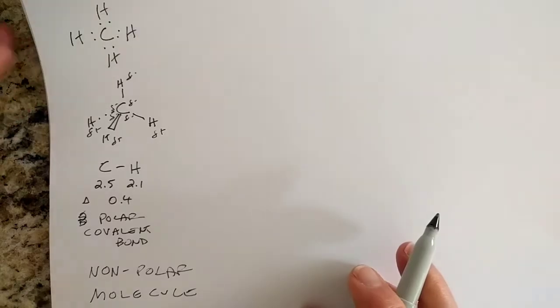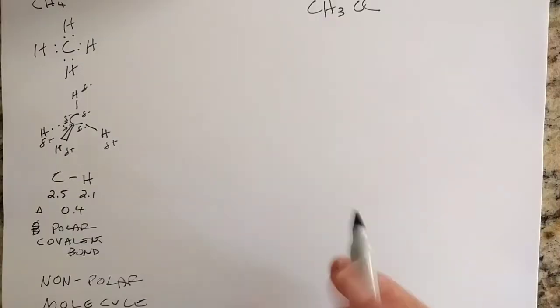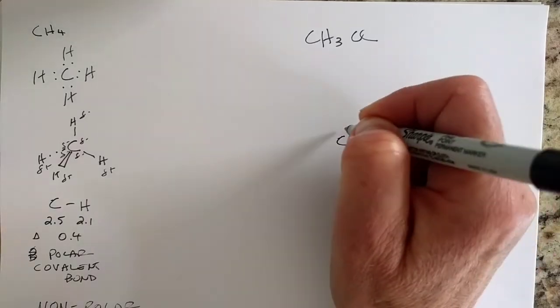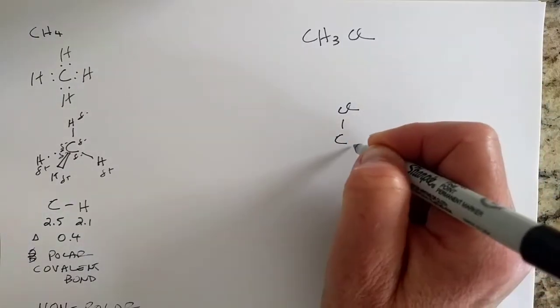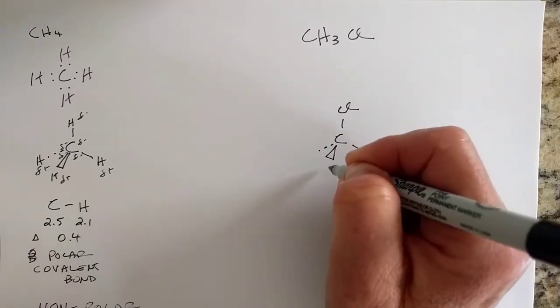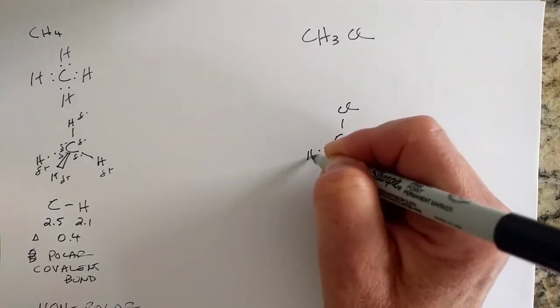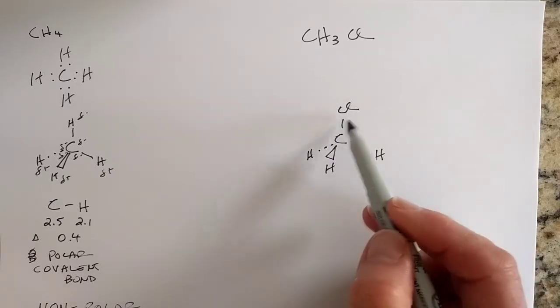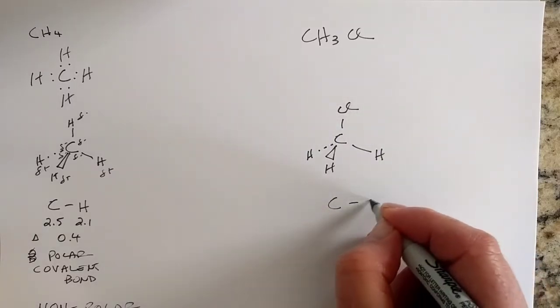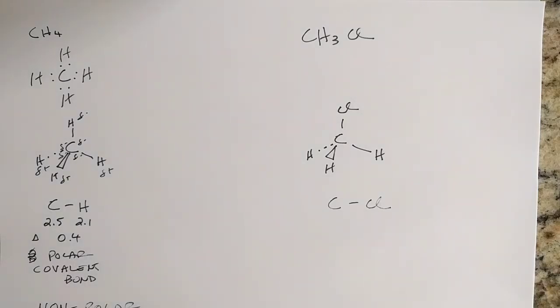Non-polar. Our dipoles will cancel out. However, with our next molecule over here, we have chlorine, hydrogen. Changing one of those bonds to chlorine, let's look at the carbon-chlorine bond polarity.